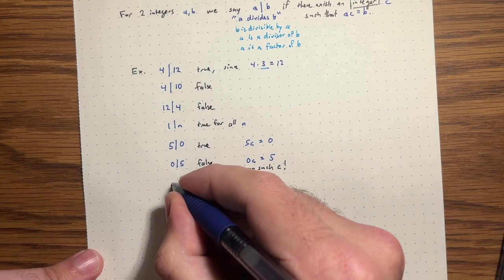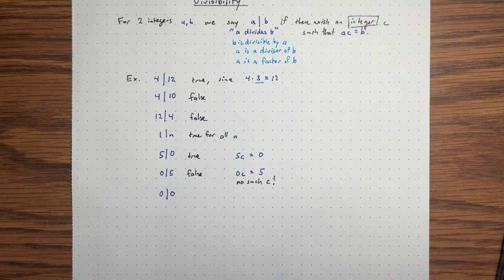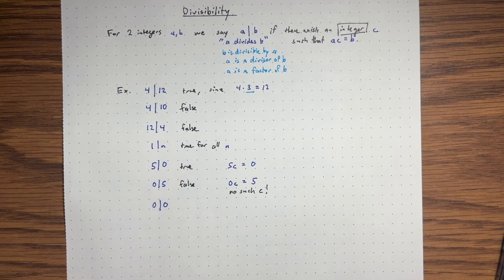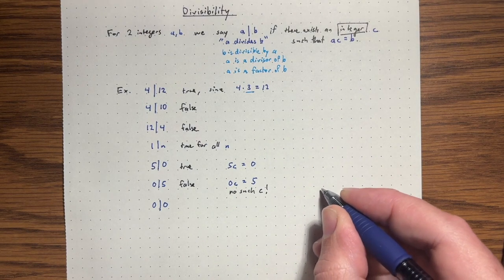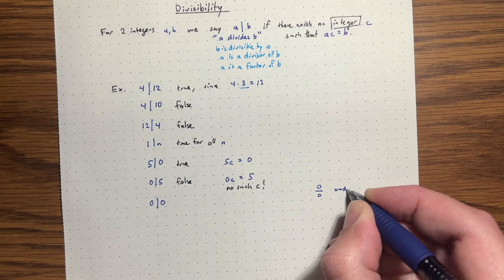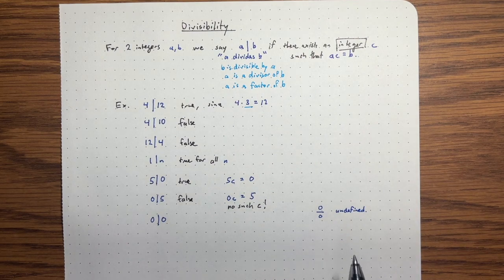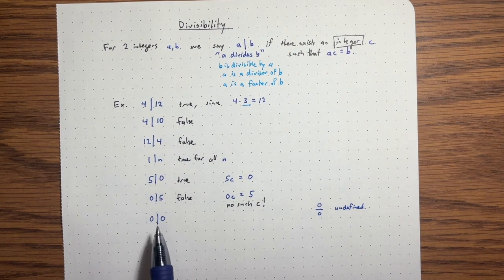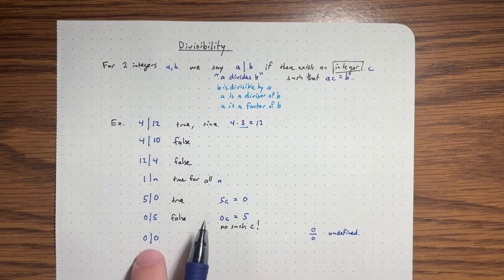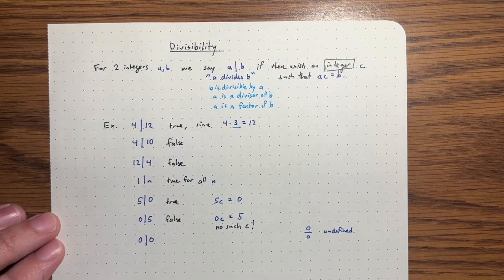Here's a really tricky one. What about 0 divides 0? Is that true or false? Well, you might have seen, for example, in a calculus class that when you have 0/0, that's an indeterminate form, undefined. But the thing is, I'm not making any reference to division in this definition, right? I'm just using multiplication. So I think when we see this 0 divides 0, we should take it very literally and just write down the definition.